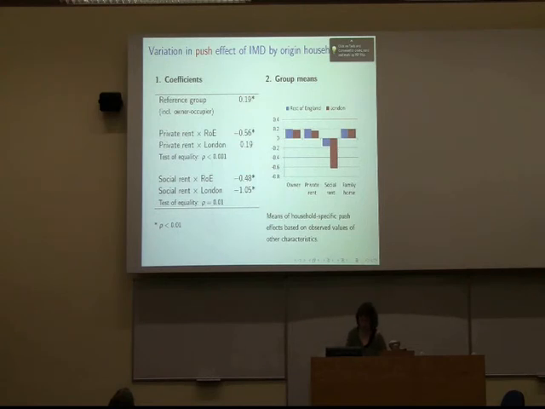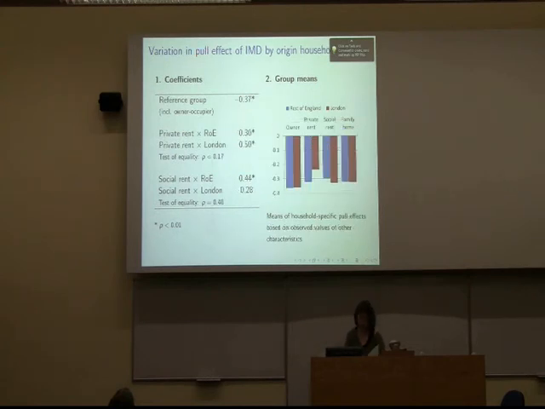Okay. And then moving on to the pull effect of deprivation for tenure. Okay. Again, this is the overall pull effect. This is for owner-occupiers. So now for private renters, if you add that on to minus 0.37, we find really no effect of deprivation at all for private renters.